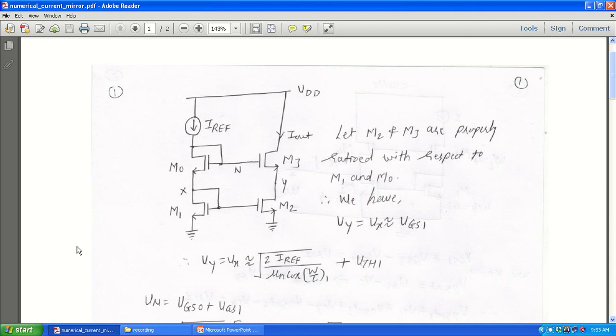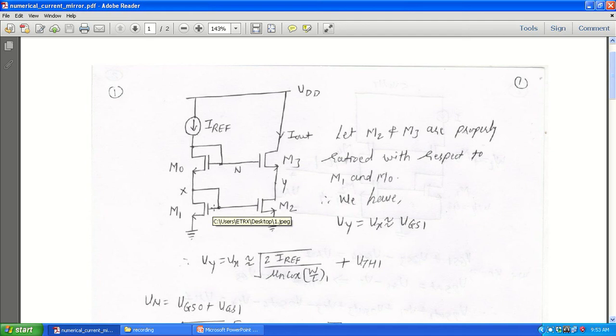We have to plot Vx and Vy as a function of the reference current. Let M2 and M3 be properly ratioed with respect to M1 and M0. Therefore, we have Vx equal to Vy, which is equal to VGS1.